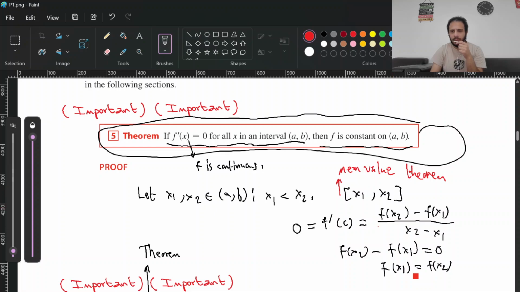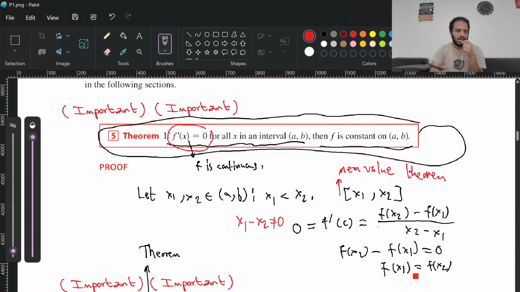Now, the mean value theorem tells us that there is c in the open interval x1, x2 such that f prime of c equals f of x2 minus f of x1 over x2 minus x1. But from the given information here, we have the derivative equals 0, right? So f prime of c equals 0. Now x1 less than x2 means that x1 is not equal to x2, meaning that x2 minus x1 is not 0, right? So multiply both sides by x2 minus x1, you get 0 equals f of x2 minus f of x1. Add f of x1 to both sides, you get the result, f of x1 equals f of x2.